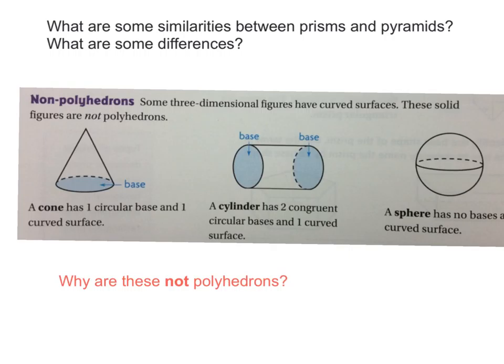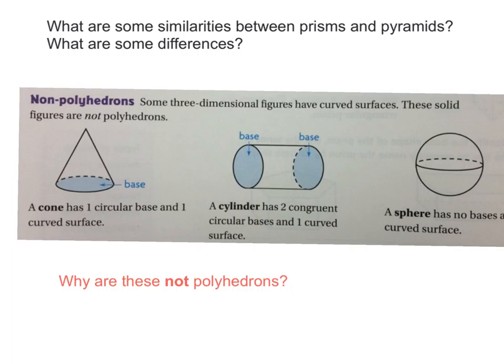How many bases does a cone have? One. And the shape of the base is a circle. Does it have any lateral faces? No, because it's curved. It does meet at one vertex, but it's a curved surface. There are no triangles or rectangles as the lateral faces.